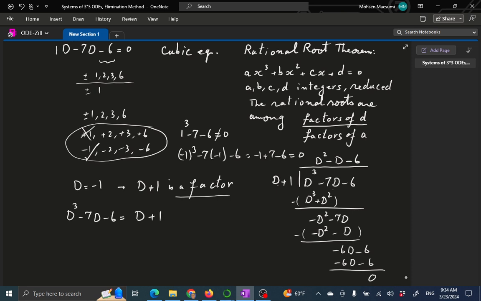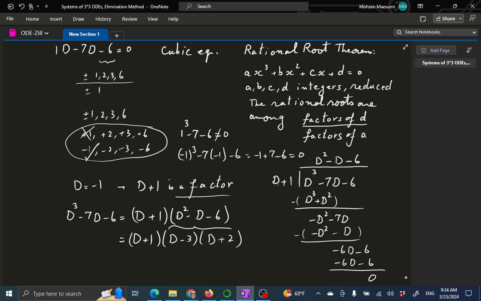One factor, the small one, is d plus 1, and the bigger one is d squared minus d minus 6. Now factorization of the second one, or applying the quadratic formula to it, will be easier because this is quadratic, that was cubic. In this case, we have no problem in factoring the second one as well. So that becomes the factorization of that.